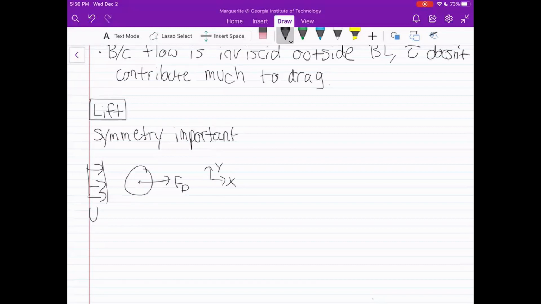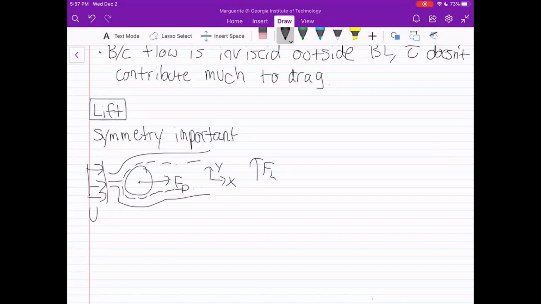So I'm going to go ahead and share the answer. The correct answer is actually no. There will be no lift on the symmetrical body. That's because lift acts in the vertical direction, and because it's symmetrical, there are going to be equal forces. If we draw the streamlines here, and our boundary layer, this is what it looks like.